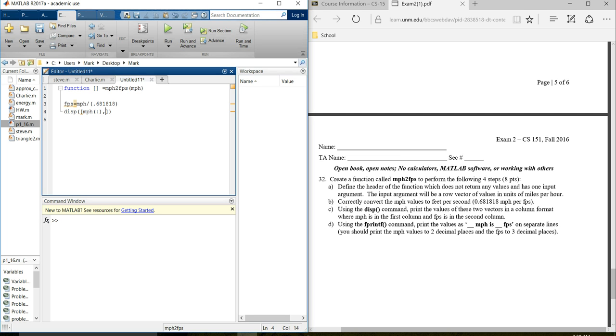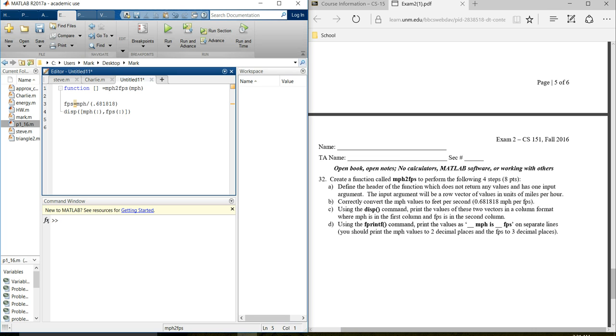Is it a comma? Yeah, it is. And what the colons do is put it all into one long column. That way we're good to go.